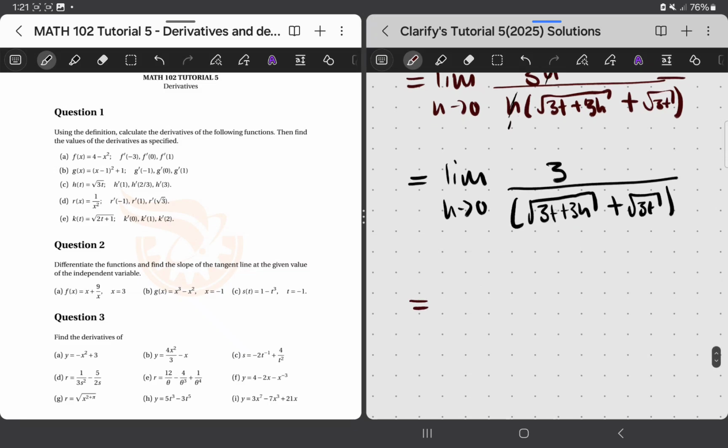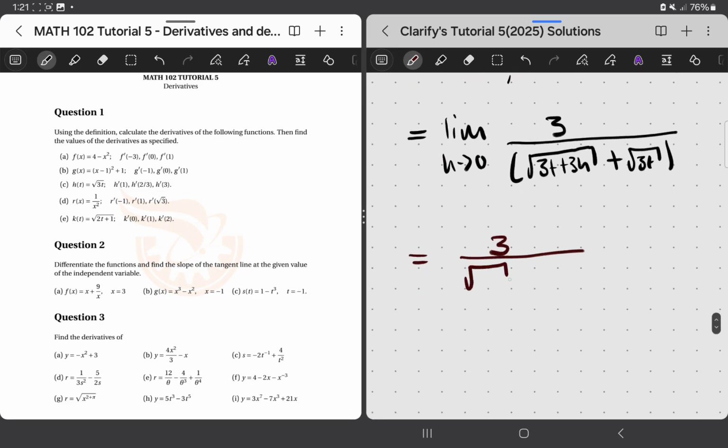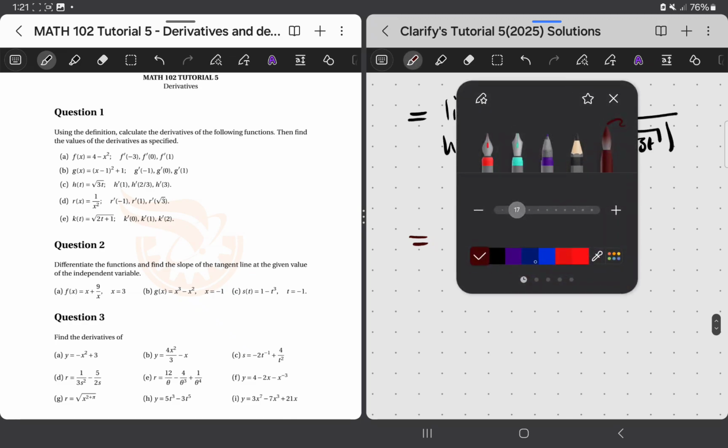So now you can substitute 3 over, wherever there is h, you are putting 0 because h is going towards 0. So it becomes the square root of 3t plus 3 by 0, which is just 0, right? Plus the square root of 3t. Please put this stage so that they can see that you have substituted. It's important, okay?